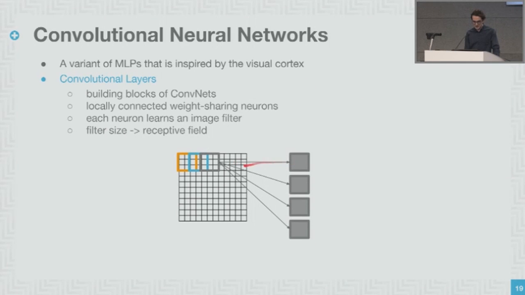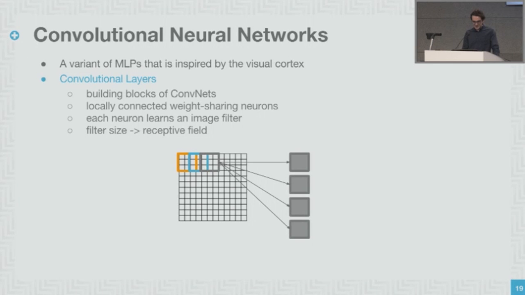So these neurons, for example, are connected to an image patch here, and then this is like a sliding window. The weights are the same for every part of the image. The idea here is that if a feature, such as detecting an edge, is useful in one part of the image, it's probably useful in other parts of the image too.